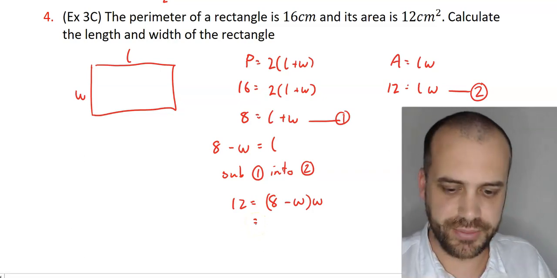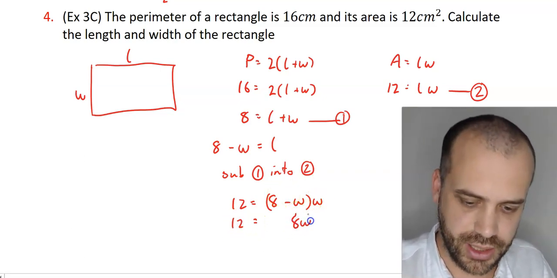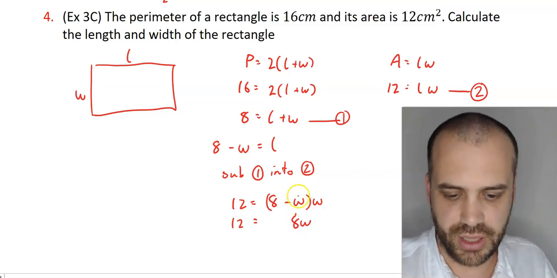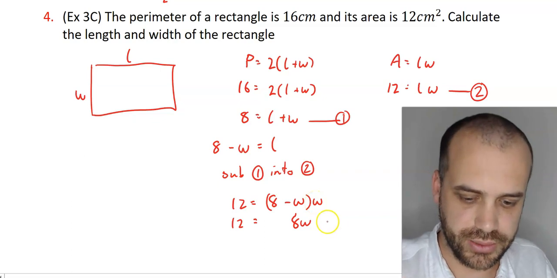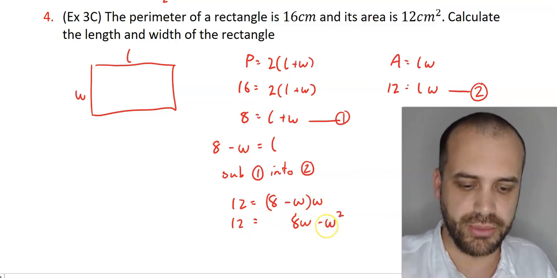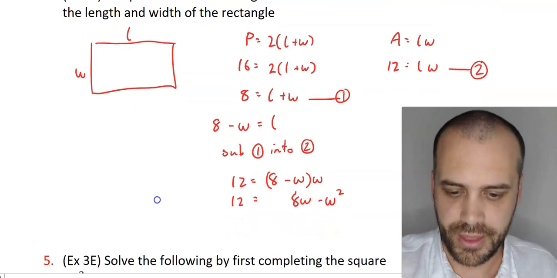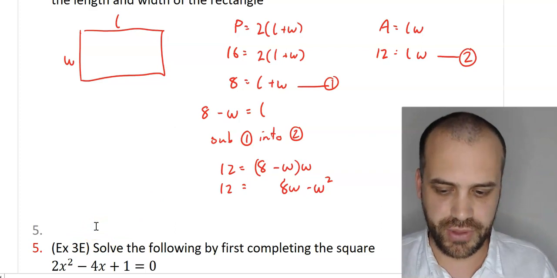I can expand that. 12 equals 8 times w, which is 8w, and negative w times w, which is negative w squared. 12 equals 8w minus w squared. Okay, you can see where this is heading because that looks like the previous question.